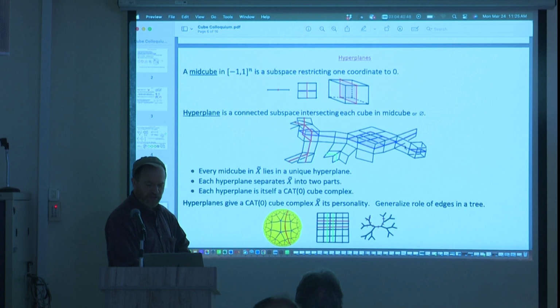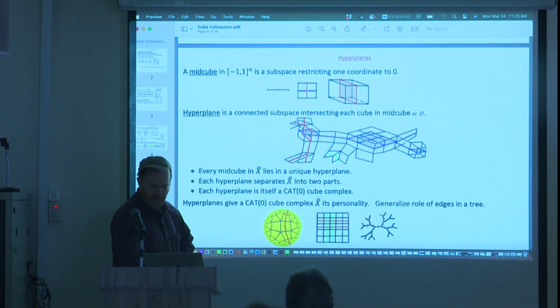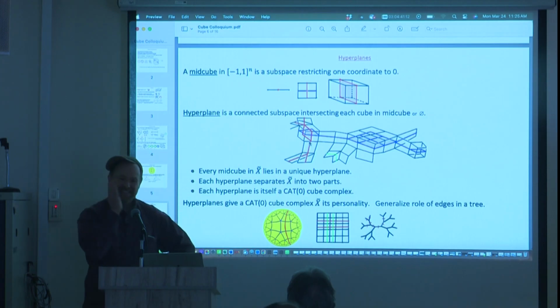See that blue hyperplane? Every time this blue subspace touches a cube, it doesn't just touch a little part of it, it cuts right through it as a mid-cube, okay? And you can see that here's a red hyperplane as well. It follows that rule that whenever it intersects a cube, it intersects it in exactly a mid-cube.